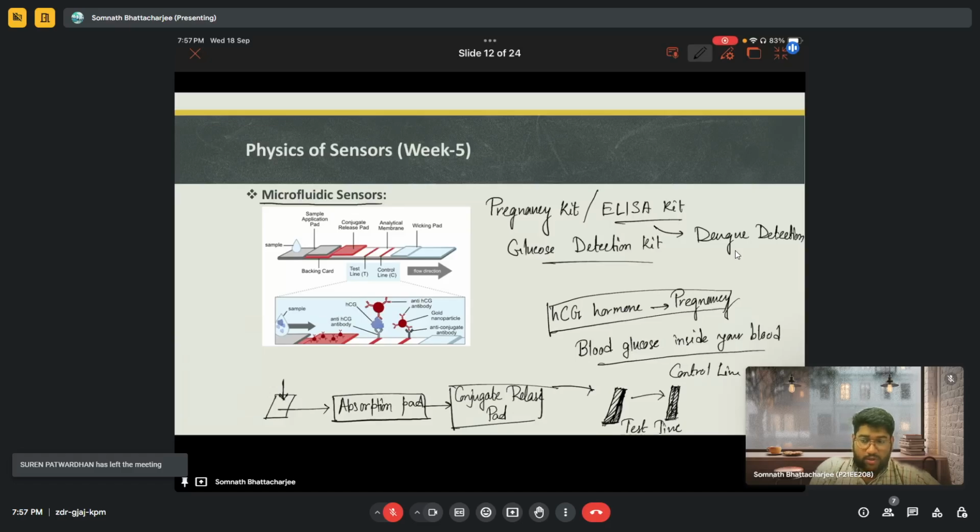So it measures the presence of these kinds of hormones here, and the final one is the collection pad, which just collects the remaining sample.